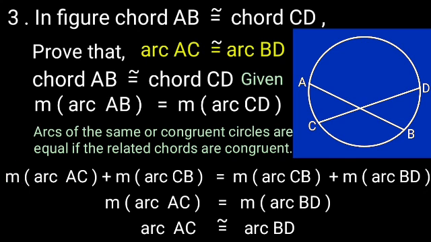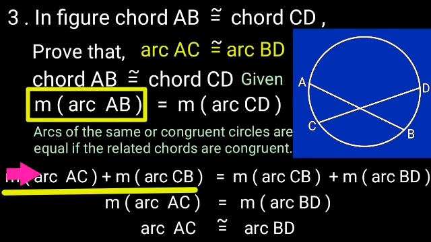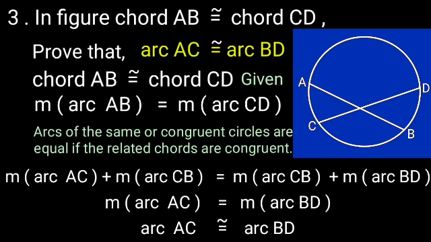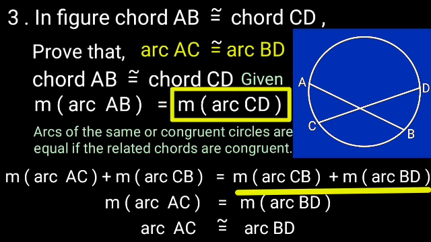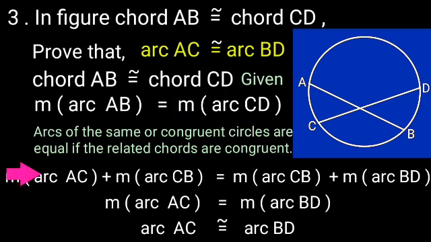Instead of measure of arc AB, we have taken the addition of two arcs, and instead of measure of arc CD, we take the addition of these two arcs. On both sides, measure of arc CB is common, hence that will cancel. The remaining is measure of arc AC is equal to measure of arc BD.